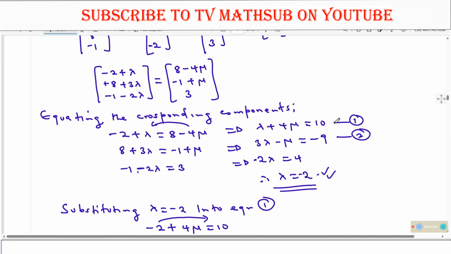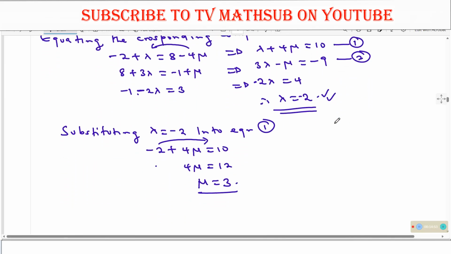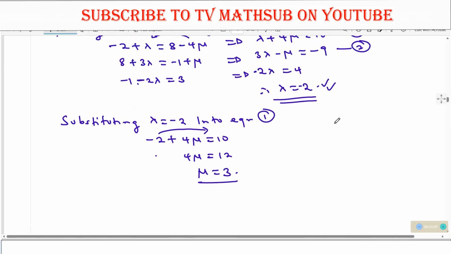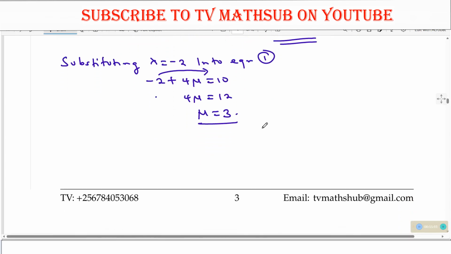So it means the point of intersection exists. But if they don't satisfy the other equation, then just know those lines don't intersect, and that point of intersection will not exist. It's possible you can get lambda and mu, but they are not satisfying the other equation. So you must also test.